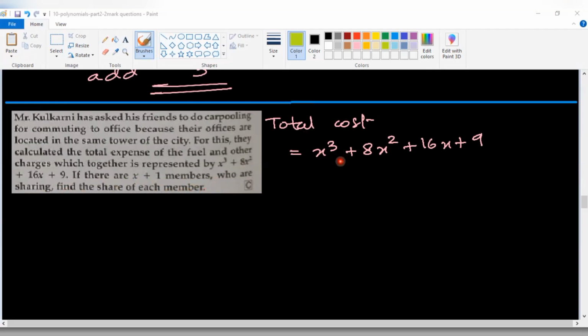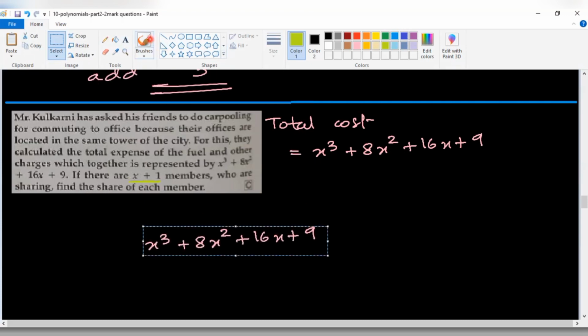So the total cost is given like this: x cubed plus 8x square plus 16x plus 9. And there are x plus 1 members. So in order to get the share of each one, we have to divide this total cost by the number of members, right? So let us divide this by x plus 1.